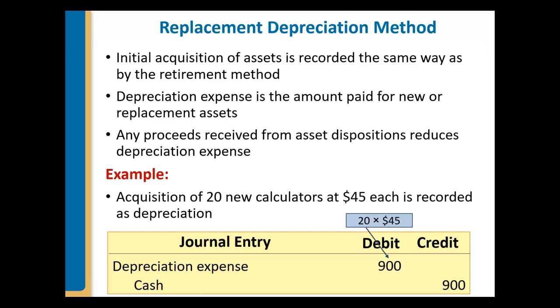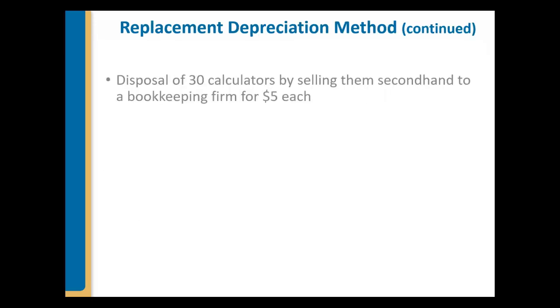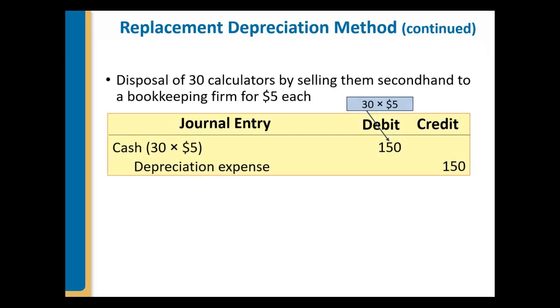For our example, the acquisition of 20 new calculators at $45 each is recorded as depreciation in the journal entry, as you see here. The sale of the old calculators is recorded as a reduction of depreciation, as shown on this slide. The asset account balance remains the same throughout the life of the aggregate collection of assets.